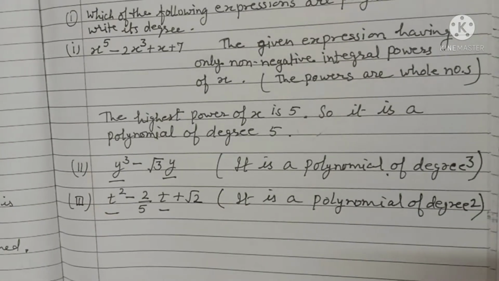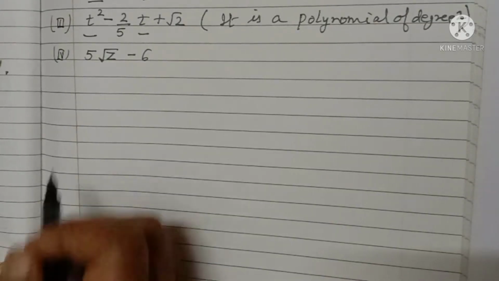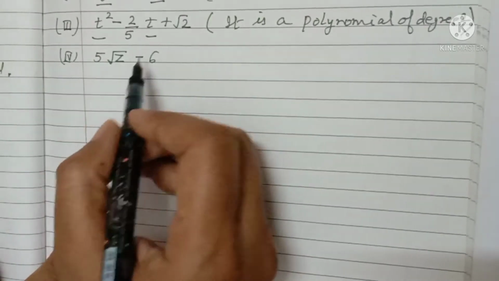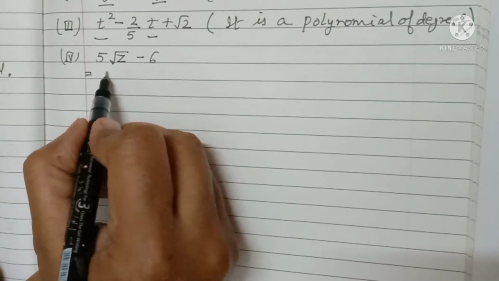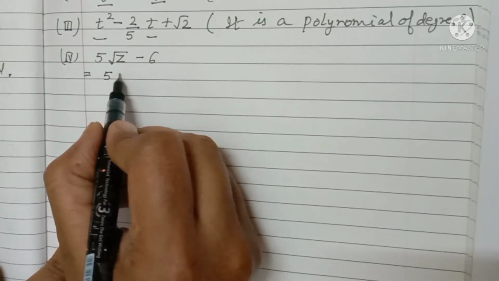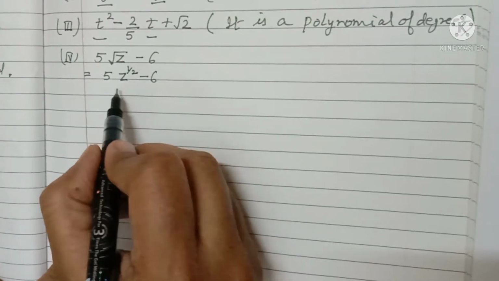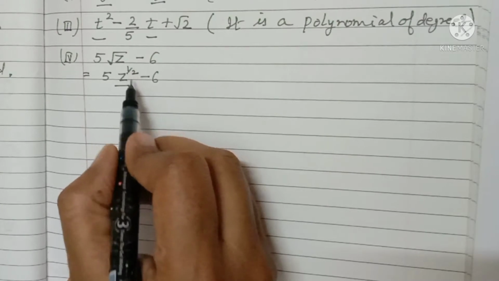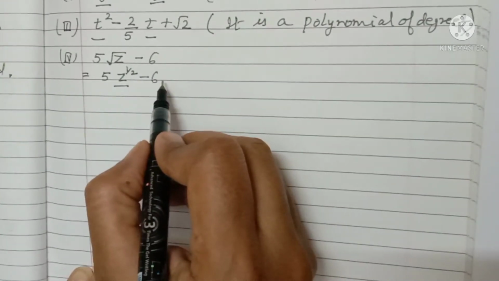Now come to part 4: 5 root z minus 6. You can write root z as z to the power of 1 by 2, so the expression is 5 z to the power of 1 by 2 minus 6. What is the power of z? This is a rational power of the variable, so it is not a polynomial.